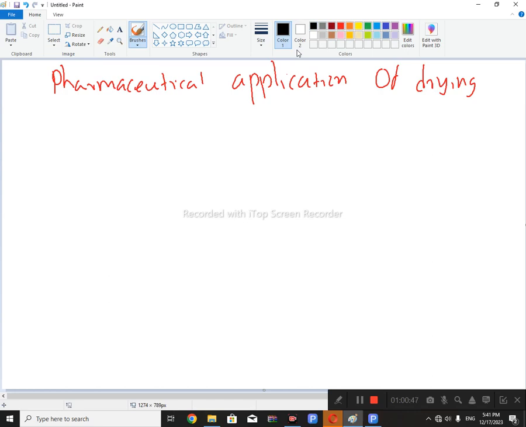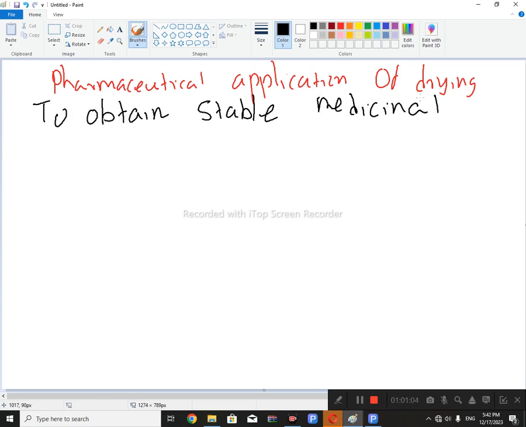To obtain stable medicinal chemicals. To obtain a homogeneous product.